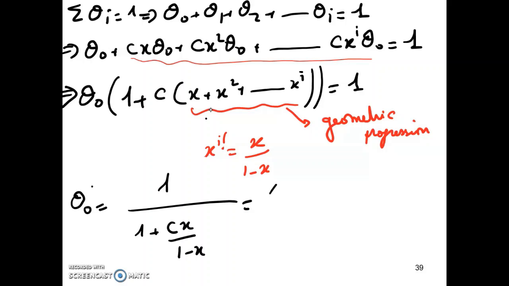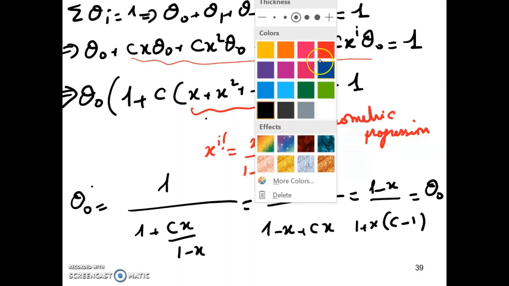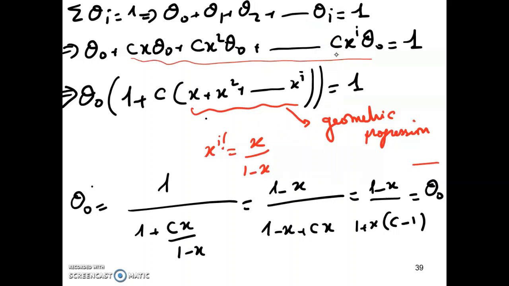x. So it's equal to 1 minus x over 1 plus 1 minus x plus Cx, so equal to 1 minus x over 1 plus x(C minus 1), and this is the value of theta 0.